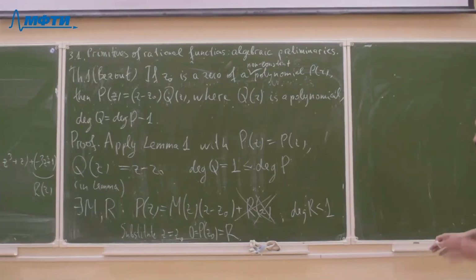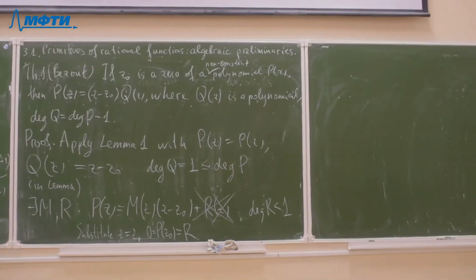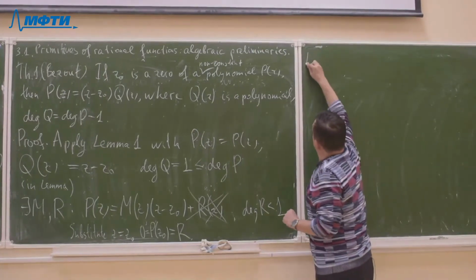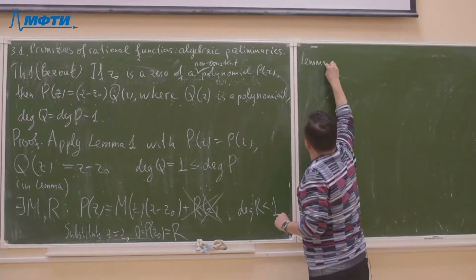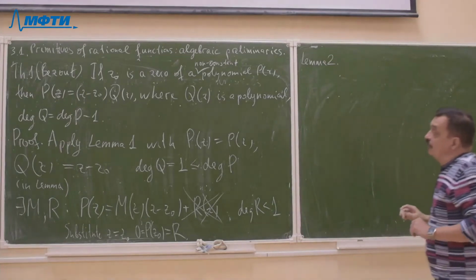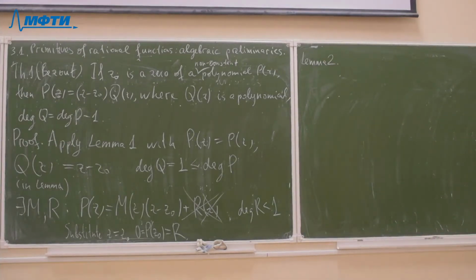So lemma 2, that is about complex zeros of real polynomials.